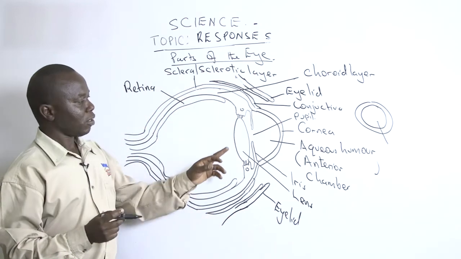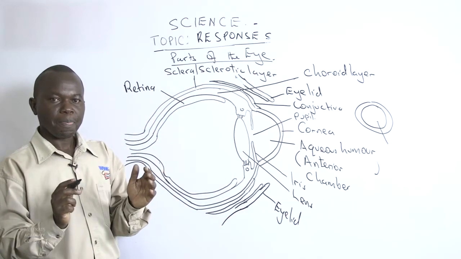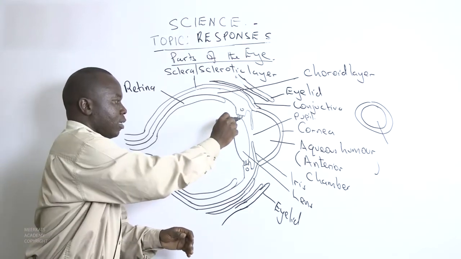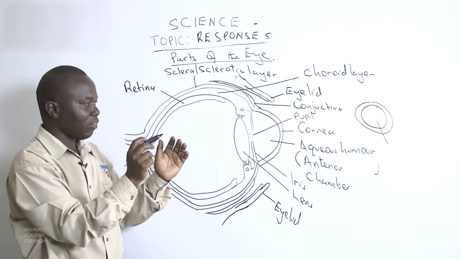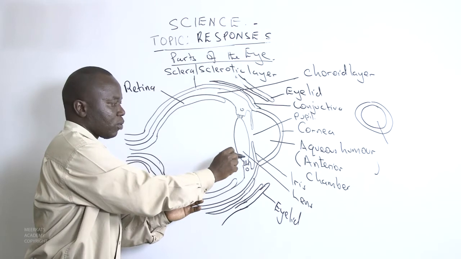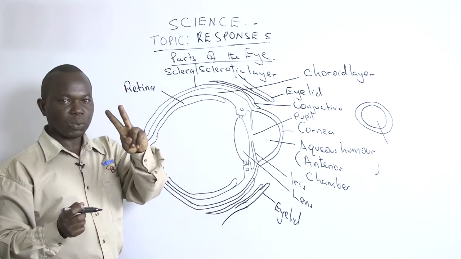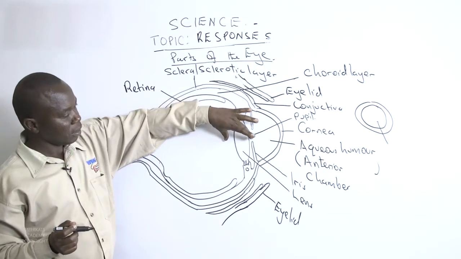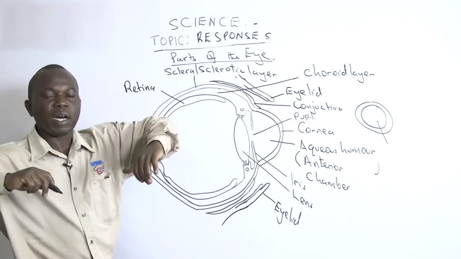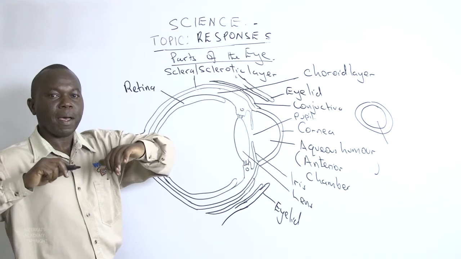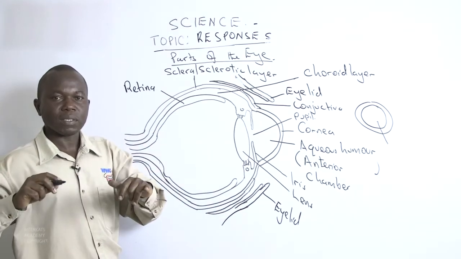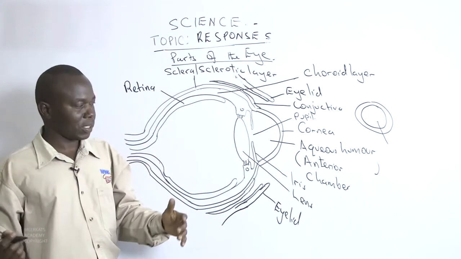The lens. From the diagram, you can see it is a curved structure, but on two sides, this side and on the other side. It has two curved surfaces. Because they are curved outwards, when a lens is curved outward, we say it is convex.